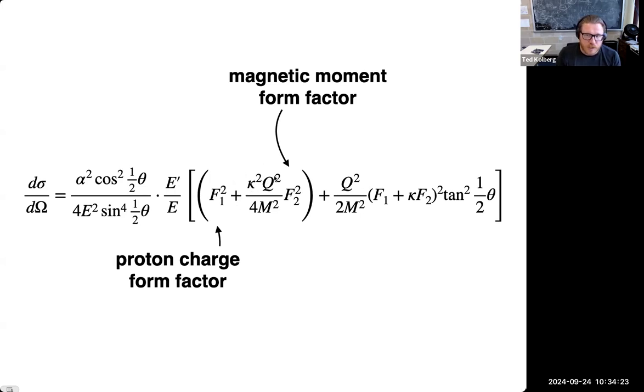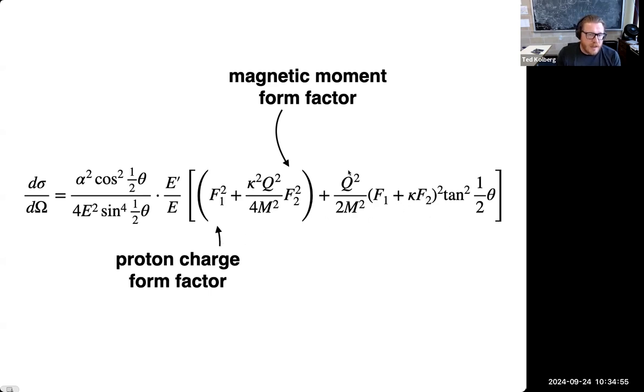People will eventually do these experiments also on neutrons, where F1 is 0, since it has no net electric charge, but F2 is still non-zero. The neutron also has an anomalous magnetic moment, just with a different value of kappa. And then you have a second part of the expression here, which also depends on both the charge form factor F1 and the magnetic form factor F2.